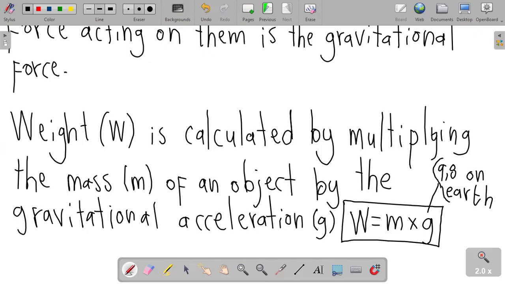For example, if we're on the moon, it is no longer 9.8, it's something else. That's what makes the weight change. This is g. Sorry about that, it's m multiplied by g, small letter g.